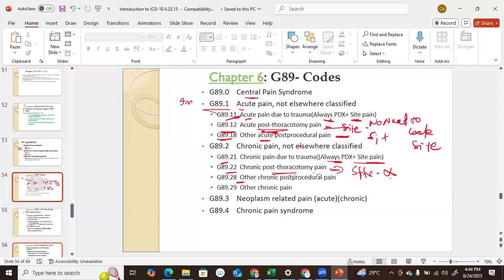And then G89.28, other chronic post-procedural pain. We code this if the patient has post-procedural pain without complication. In that case, you will use this code as primary. If the patient has post-procedural pain with a complication, then you have to code the complication in the first position.